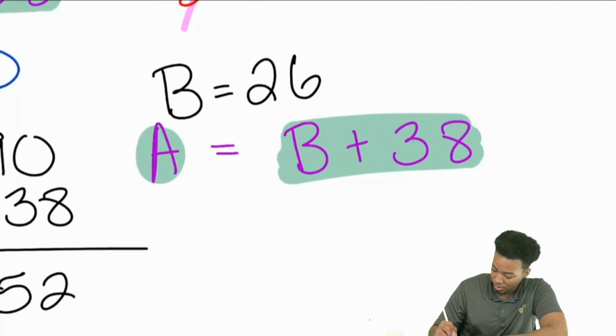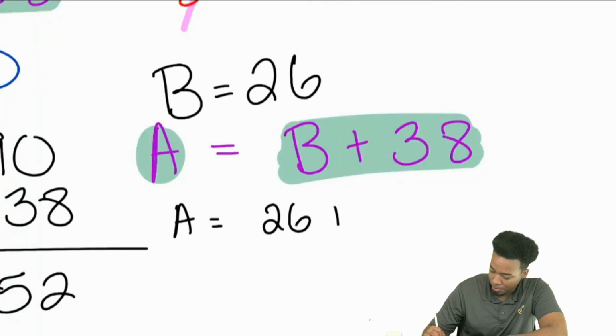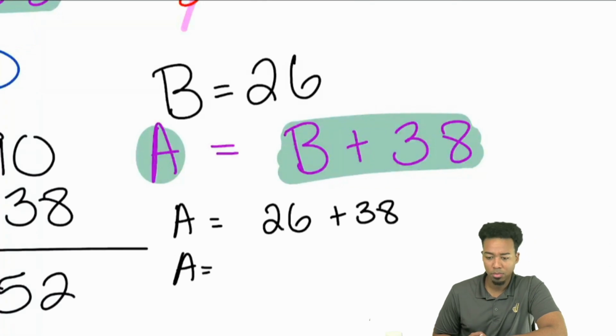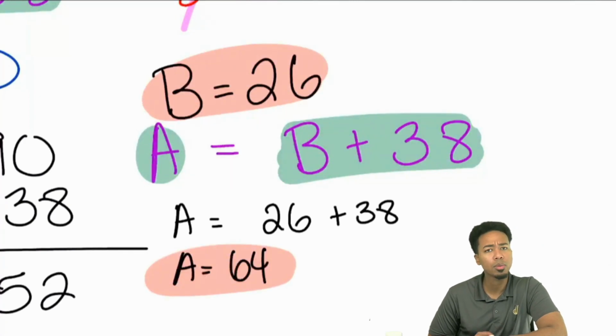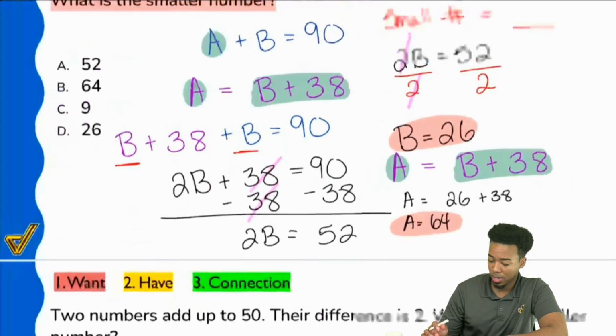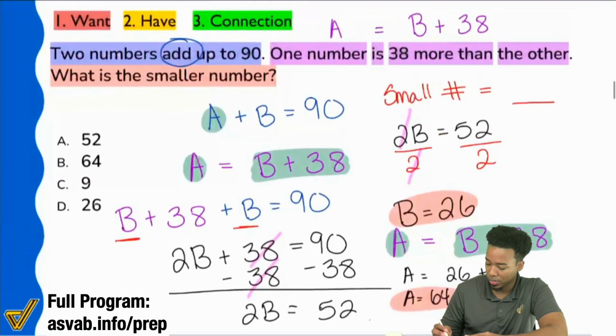If I plugged it in, A equals B, which is 26 plus 38. Everybody, what's 26 plus 38? 64. So these are our numbers. We got B equals 26, A equals 64. Which one of them is the smaller number? 26. And that's why 26 is the final answer. That's why D is correct.